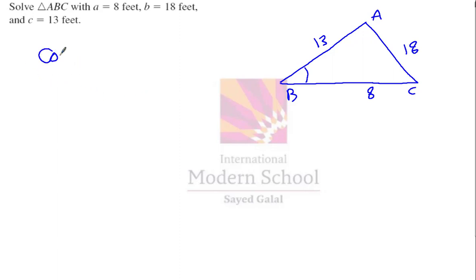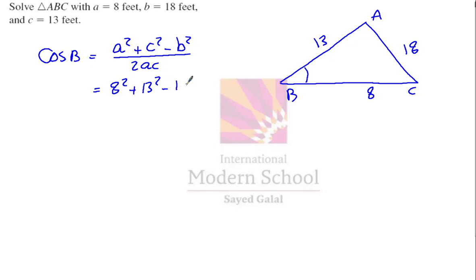Then cosine B equals a squared plus c squared minus b squared over 2ac, equals 8 squared plus 13 squared minus 18 squared over 2 times 8 times 13, equals negative 0.4375. Shift cosine, then the measure of angle B equals 115.9.